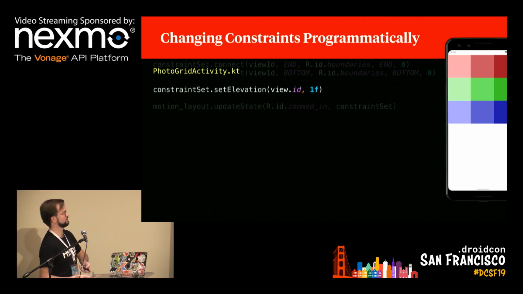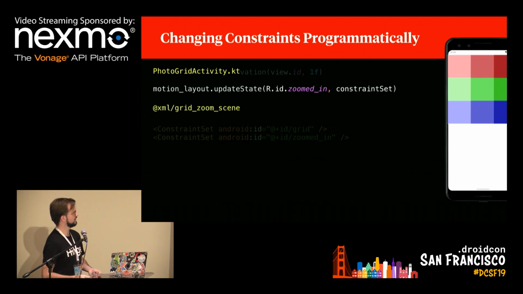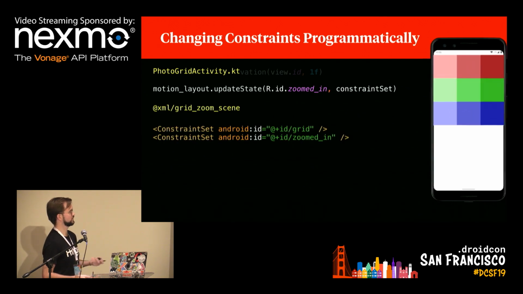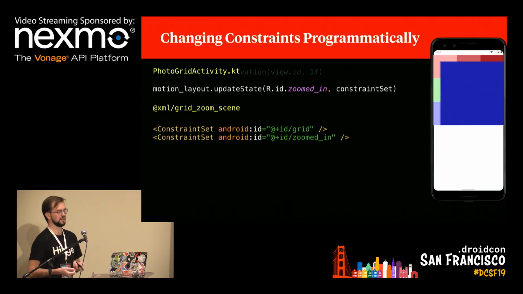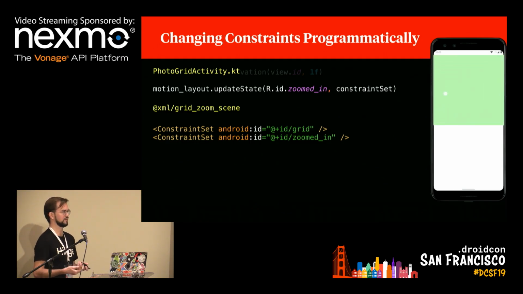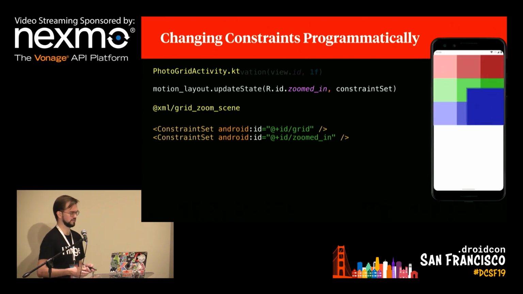Can also set the elevation with the constraint set. And then I say update state. And then in my actual motion scene file, it's super simple. I have two constraint sets, grid and zoomed in. And this saves me a lot of time and effort and also maintenance, because handwriting lots and lots of constraint sets endlessly would be really bad.